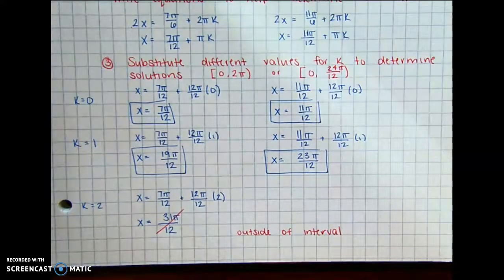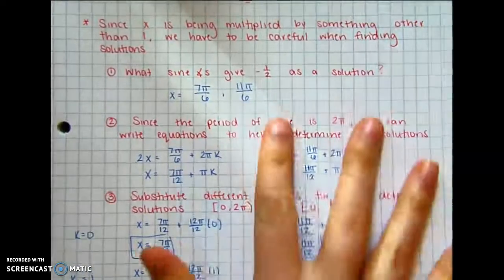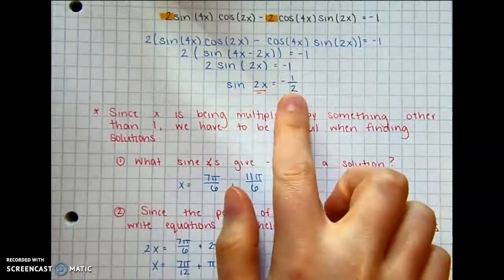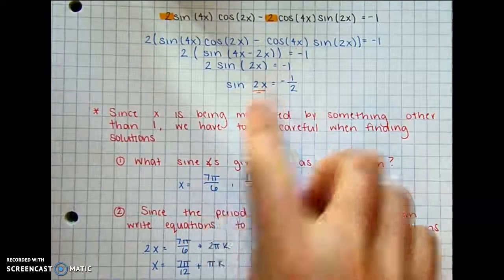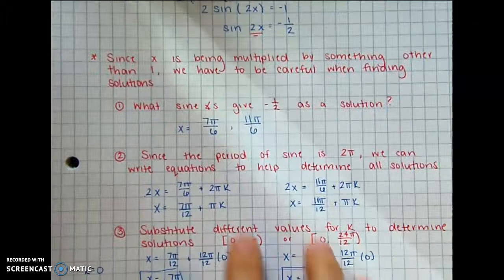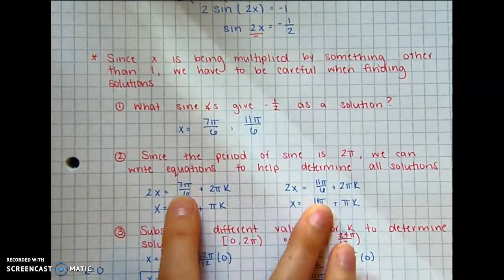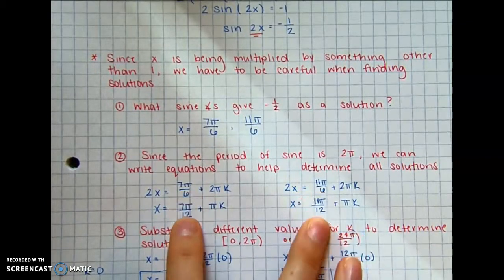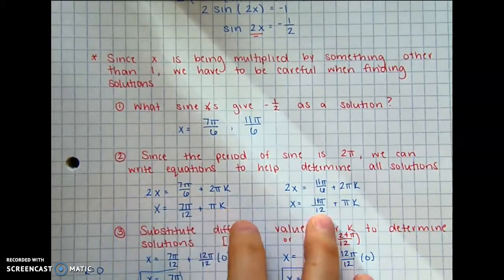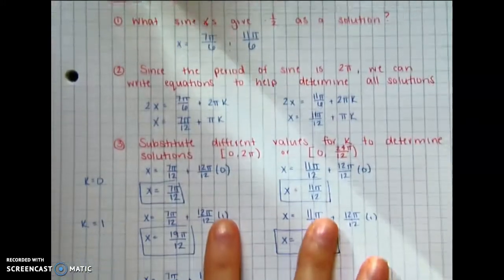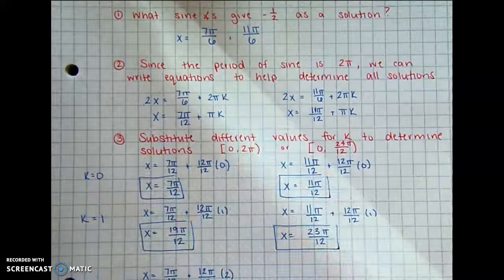So for a problem like this, you're first going to solve, and then if we have a different period, we want to convert what would have been the answers into the current period and then solve for the angles that are solutions.